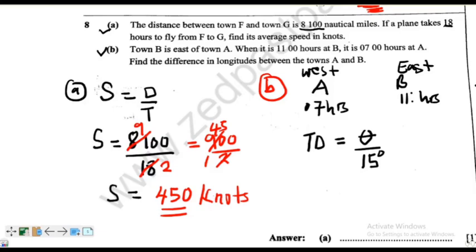Now time difference: at point B it was 11 hours, and at point A it was 7 hours.